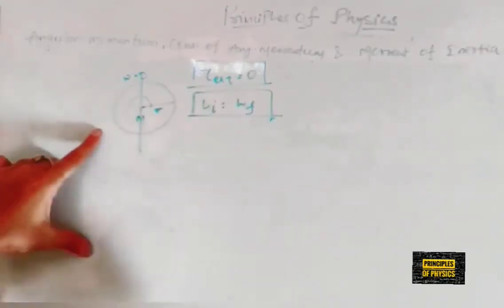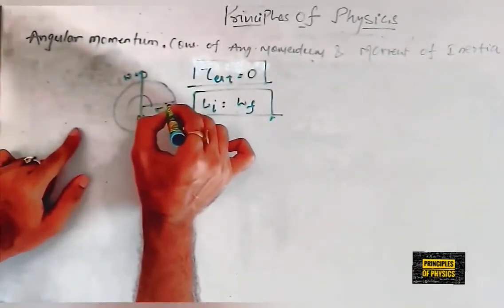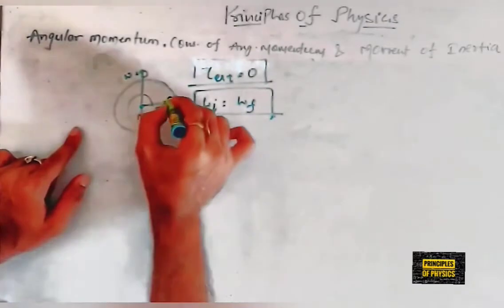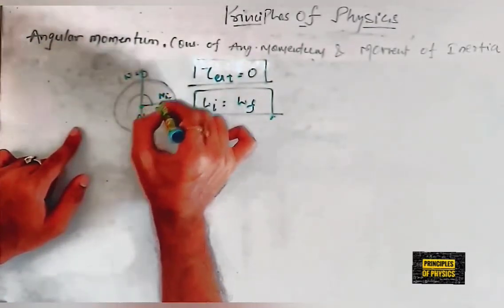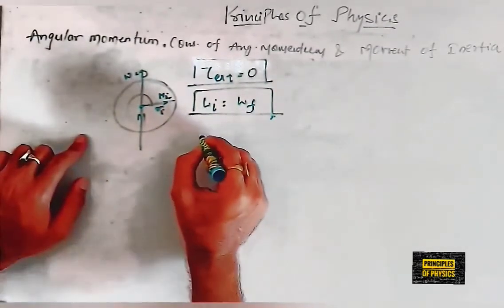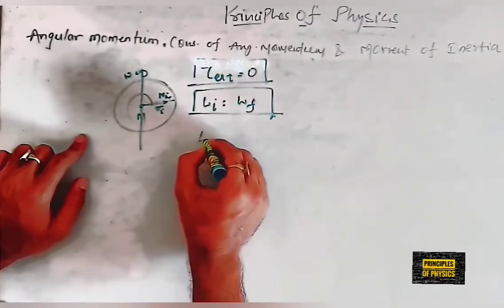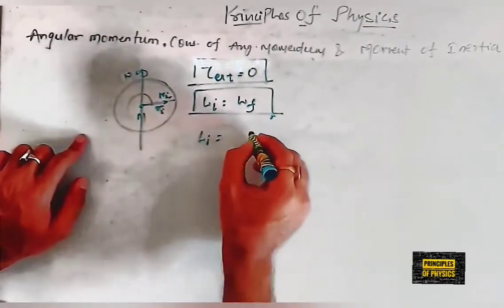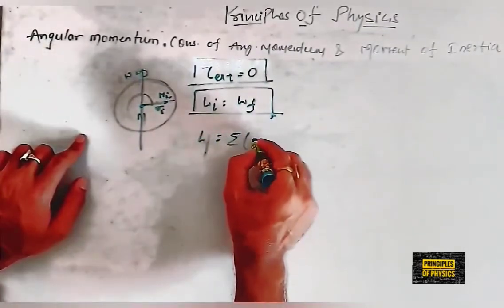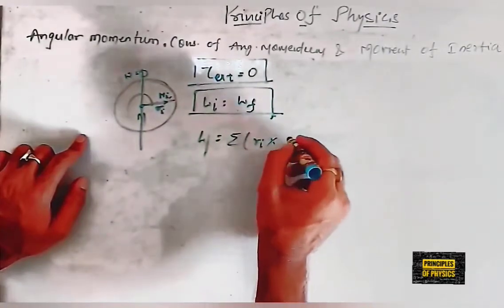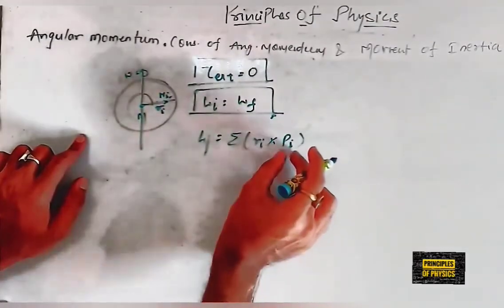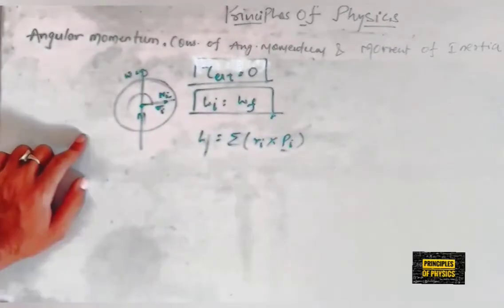Now let us consider an ith particle having ri distance from the center, and let the mass be mi, rotating with angular velocity omega. Then its total angular momentum is given by the summation of ri cross pi, where pi is the momentum of the ith particle.